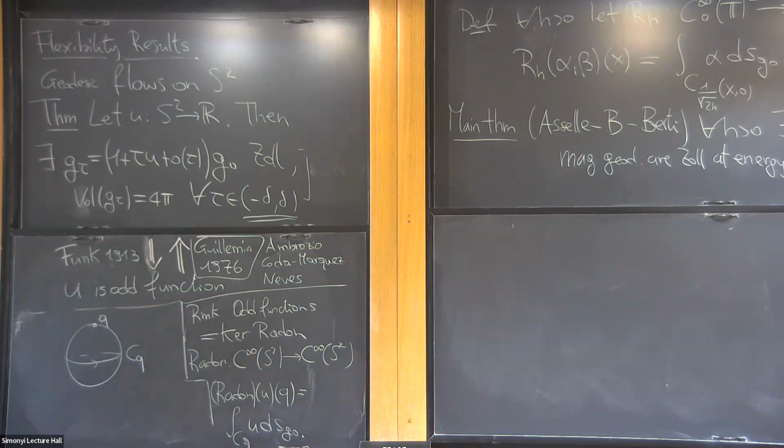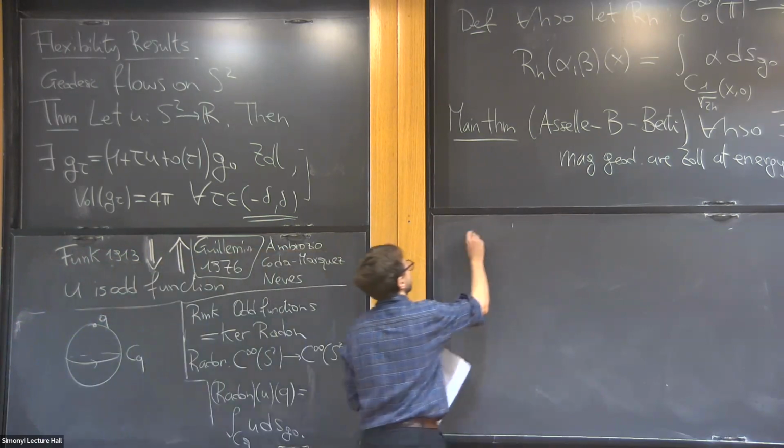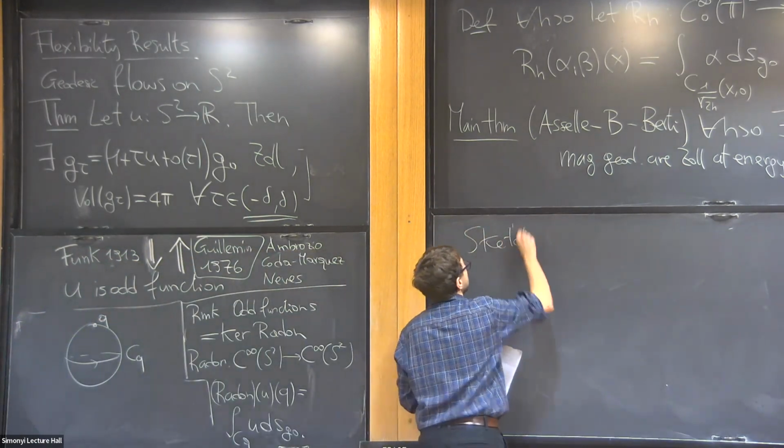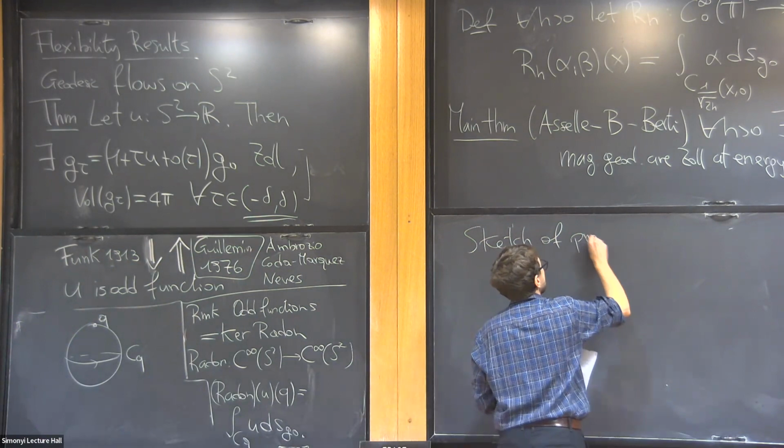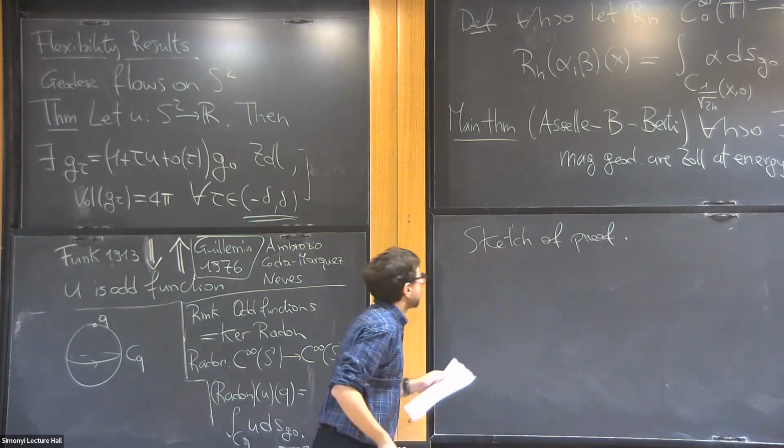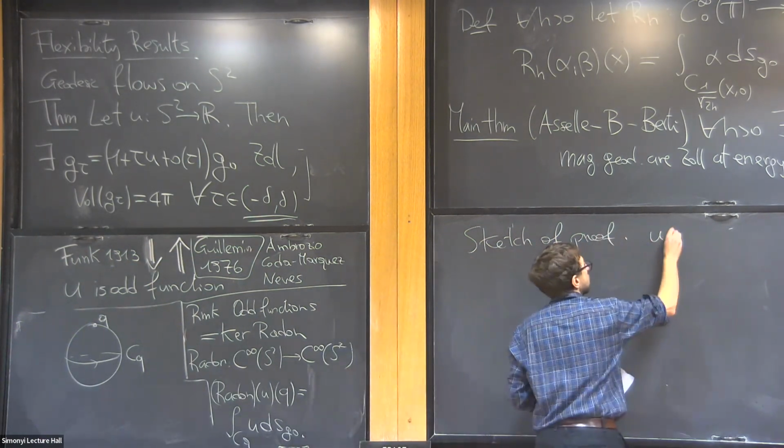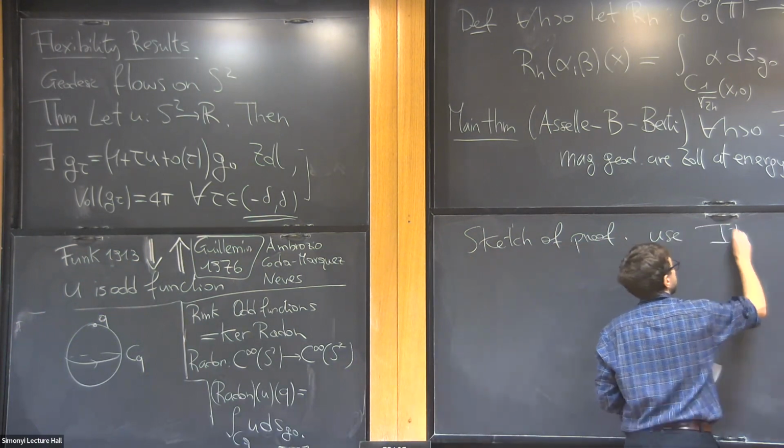Okay, so then I want to just say something about the sketch of proof. The technique is that we want to use the implicit function theorem.